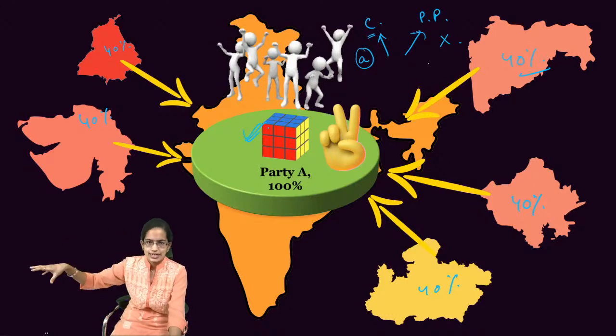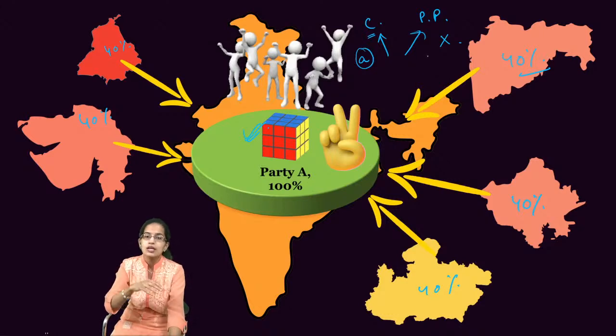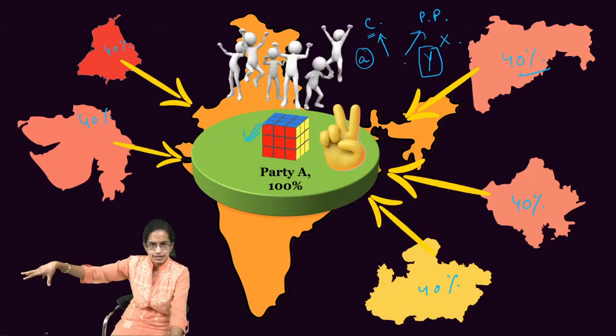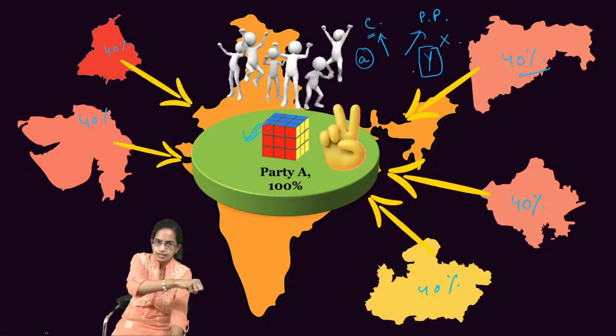But for the local candidate, I believe candidate A from party X is good. At the national level, I believe party Y should be a prominent party. So what would happen in that case? My vote for the candidate would be different and my vote for the party would be different.